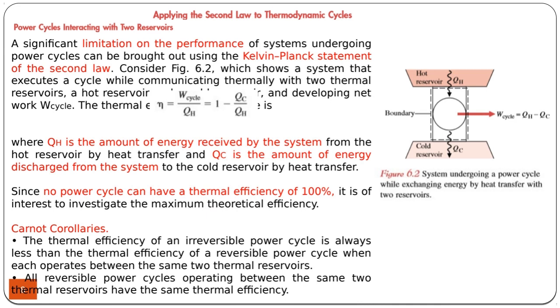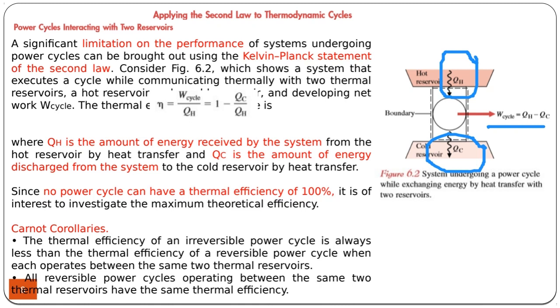This is an example of a heat engine, and it explains the Kelvin-Planck statement. You can see that a heat input of Q is converted partly to work, and some part of it is rejected. Why is this rejection necessary? Because without this, it wouldn't be possible to complete the cycle.